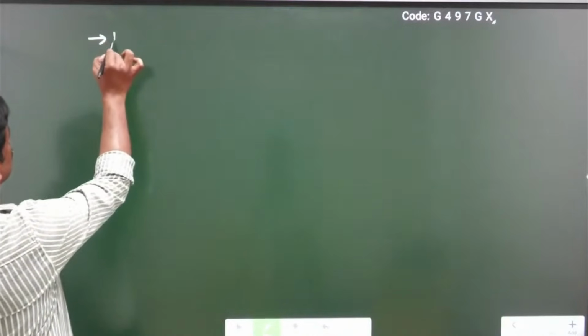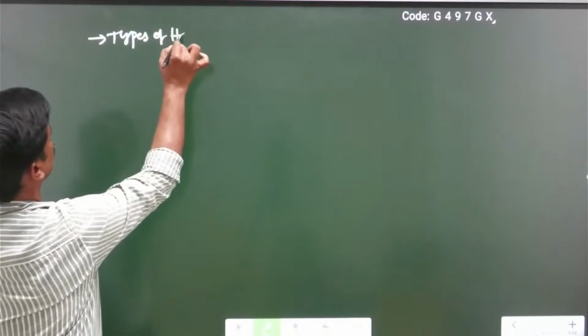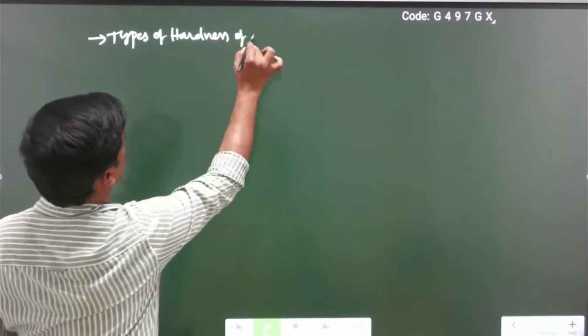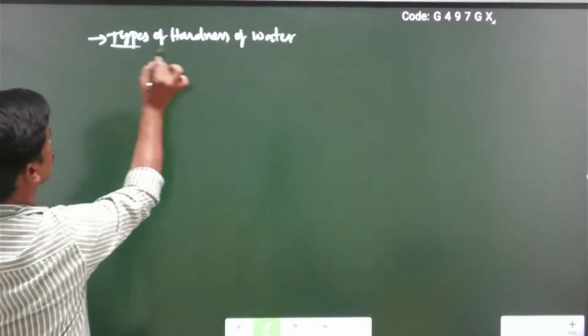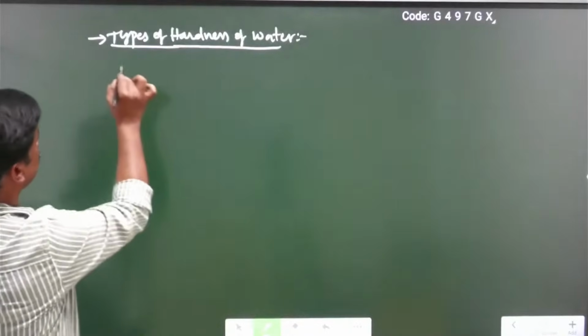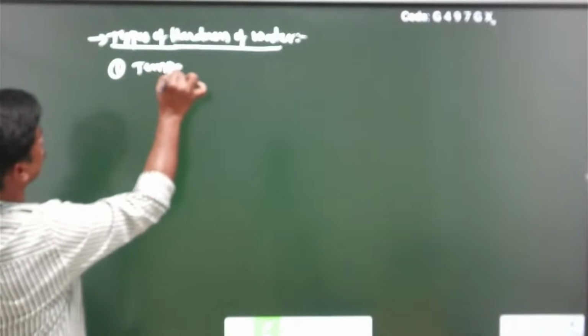Types of hardness of water. Listen here. The first one is temporary hardness of water.